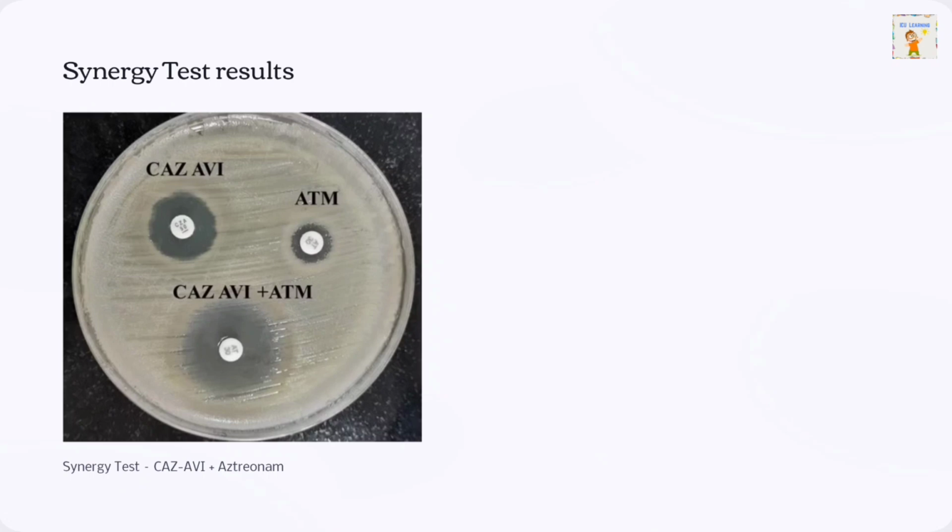If your synergy test shows inhibition, then you can use ceftazidime avibactam plus aztreonam for NDM, VIM and IMP genes. If you have NDM, VIM and IMP and the synergy test does not show good response, then using this combination is not likely to be helpful, and polymyxins should be considered.